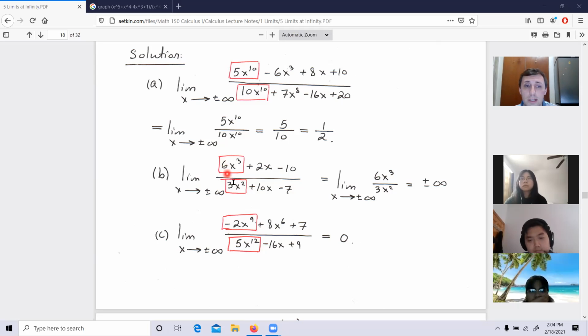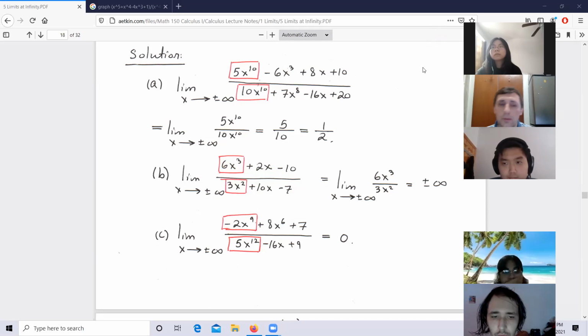So do you see that this kind of looks like 2x? Be careful, it looks like 6x cubed over 3x squared, so it kind of looks like 2x. So it will be a line of slope 2, but there will also be a coefficient that I can calculate by long division. It will be something like 2x plus a number.